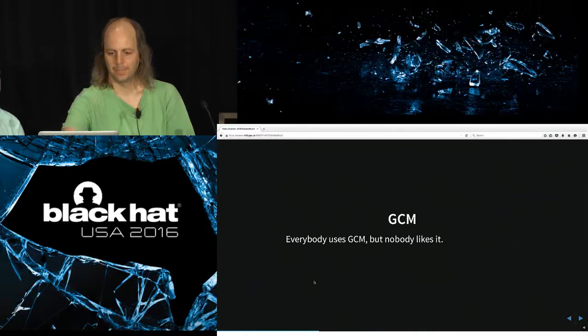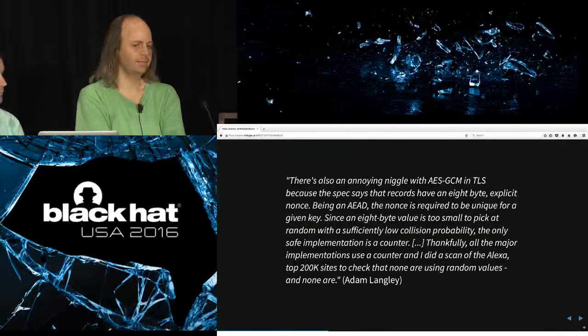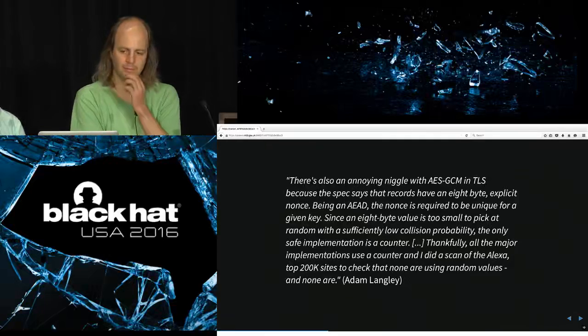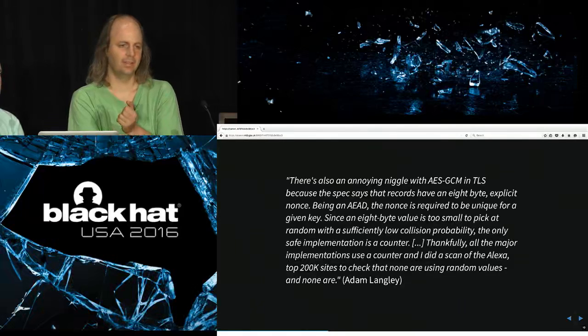I wondered why that's the case, and then I found this quote also from Adam Langley, where he specifically commented on GCM in TLS, saying there's a potential problem with the so-called nonce value. He said there's an 8-byte value that the implementation has to choose, and the only safe way to do that is to use a counter.